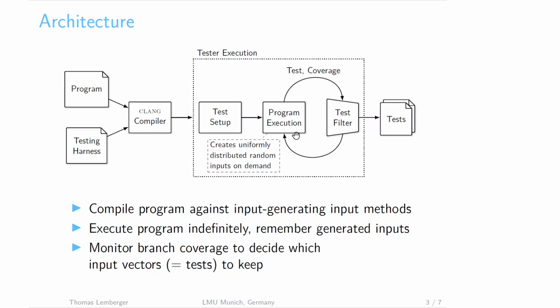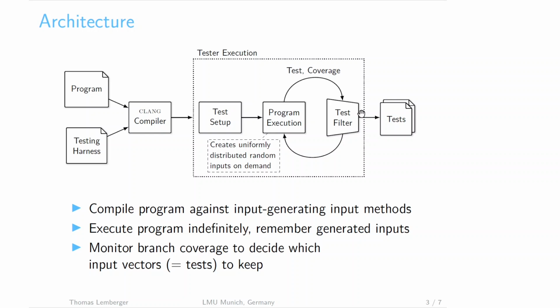During that native execution, whenever there's some input method called, we use the definition of the test harness to create a new uniformly distributed random input and remember that. After program execution, we place a test filter to check whether the execution actually covered anything new.